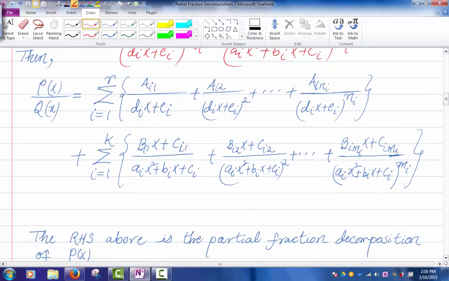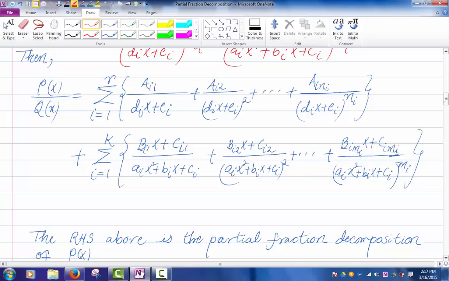Now, this way of writing the right-hand side that I have is called the partial fraction decomposition of P over Q. It means that you can write it as a sum of simpler fractions, where each fraction is either a constant over a power of a linear factor, or a linear function divided by a power of a quadratic factor.